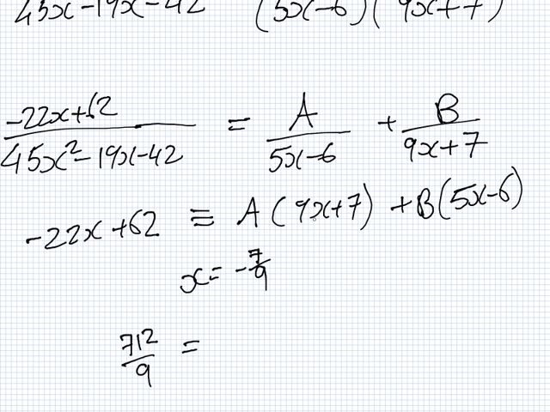On the right, what happens to this piece? Yeah, it's gone. So you just have b times minus 89 over 9.